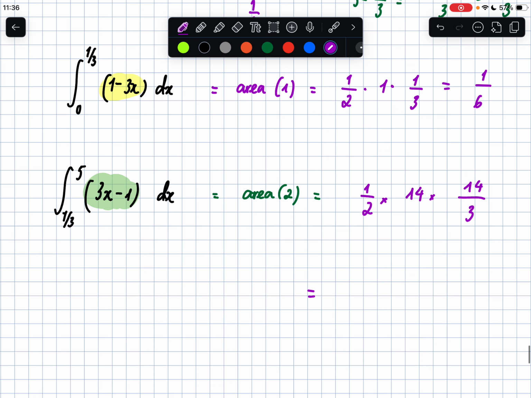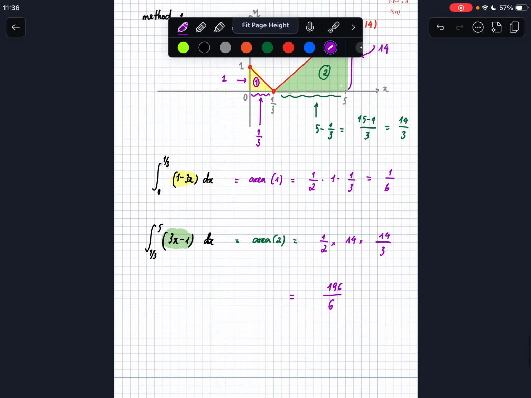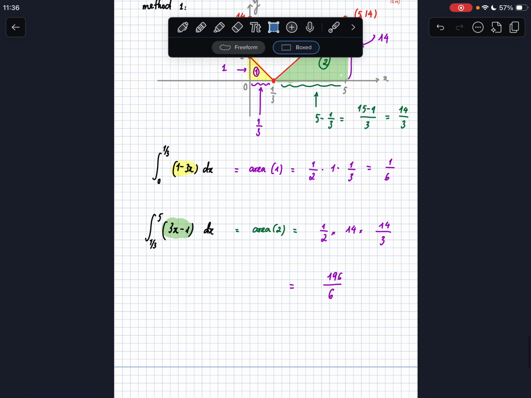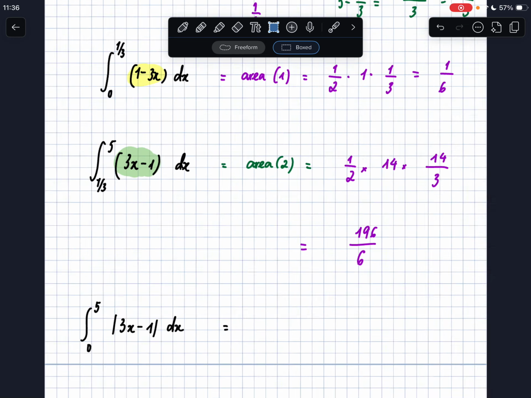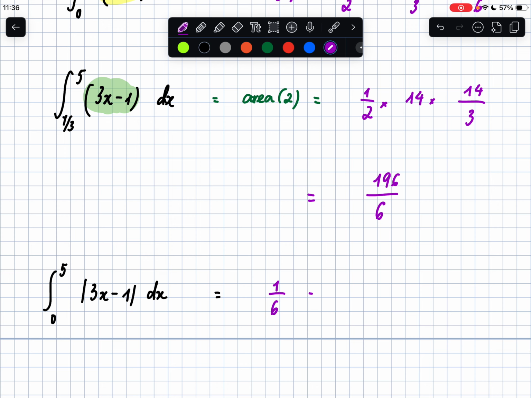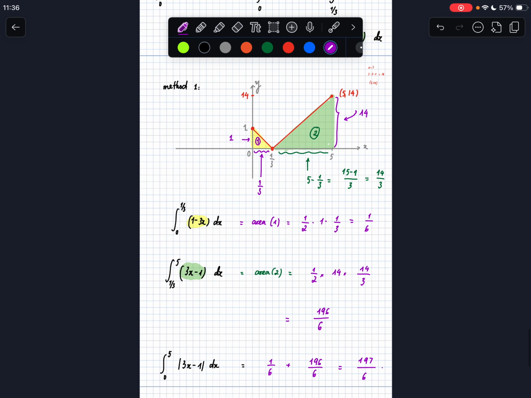So 14 times 14, 196, divided by 6. And therefore the total area, which is this integral, is equal to the area of region 1, 1/6, plus the area of region 2, 196/6, which is 197 divided by 6. So that is the answer. And here's how we did it with method 1, computing the area.